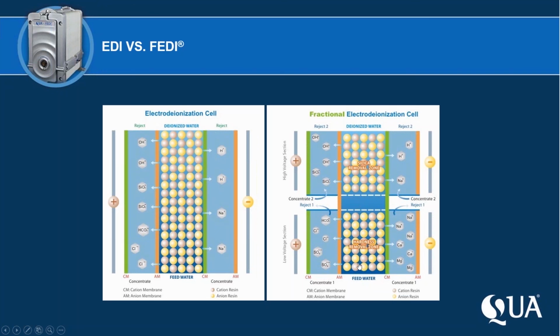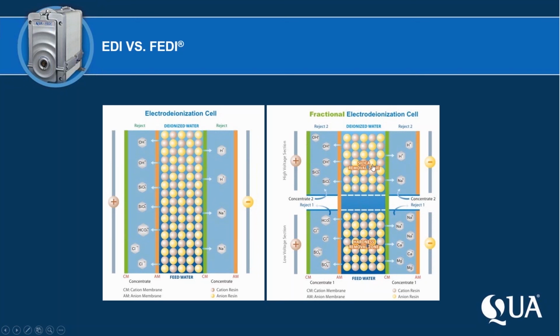Even if we're removing some of the foulants that could contaminate this zone, we're removing them before they come in contact with the resin and before they come in contact with the second reject zone. So what we're doing is allowing this zone here to do what it does best: split water and remove weakly ionized constituents.